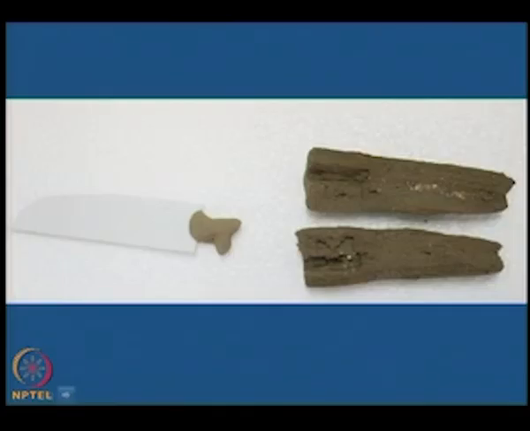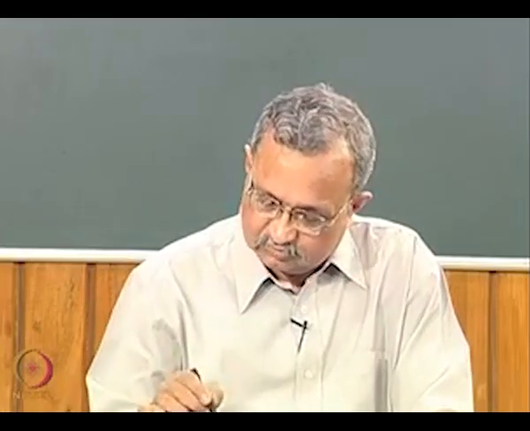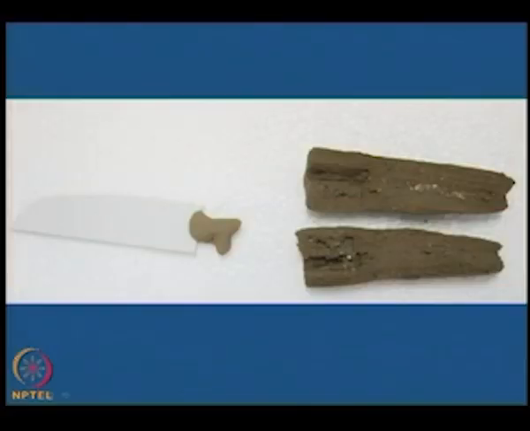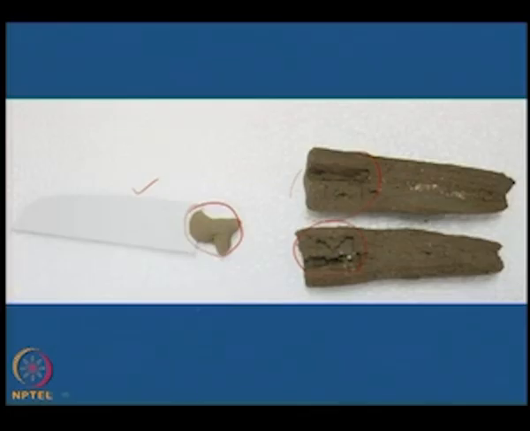Another issue was thought of: if we can have a special handle where a keyhole type of arrangement may be there and the blades have a special key type of attachment, so that various knife blades can be used with a single handle.